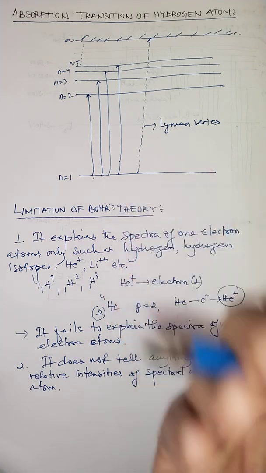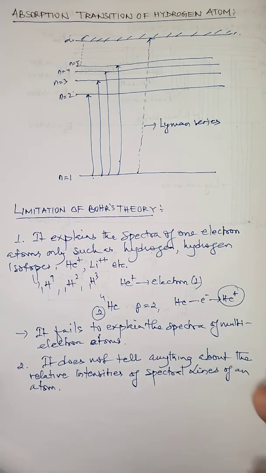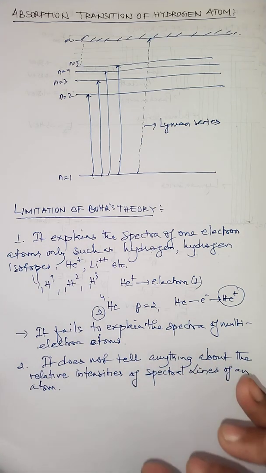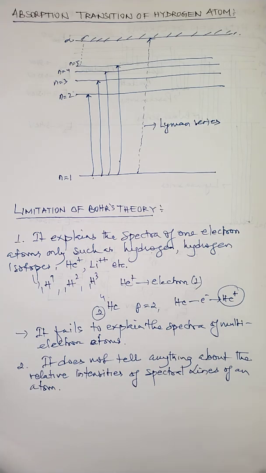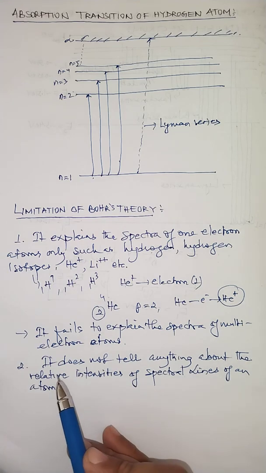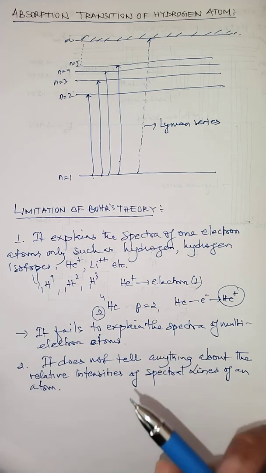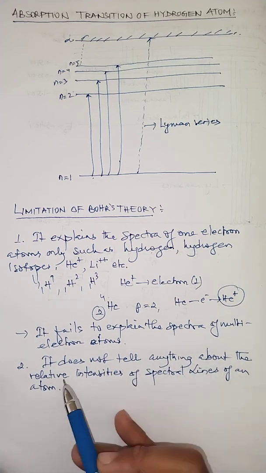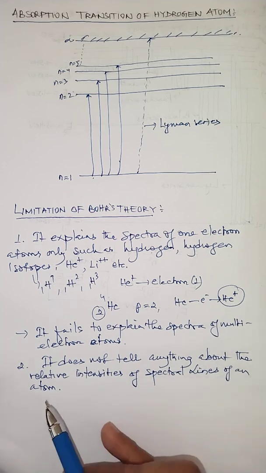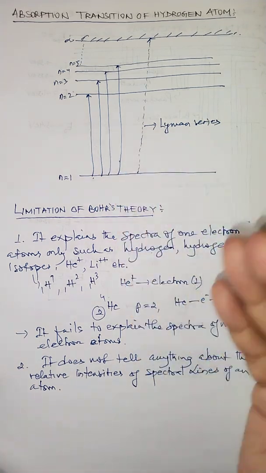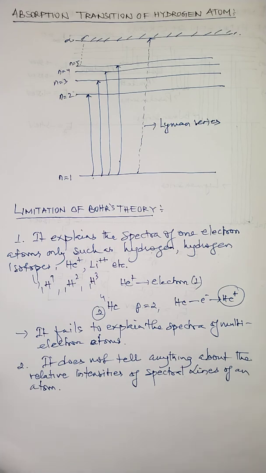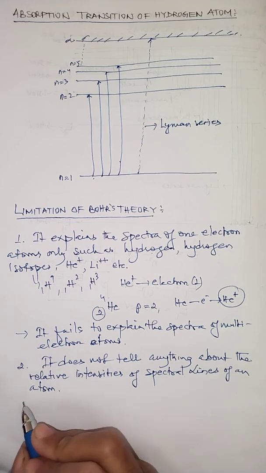But whenever emission of radiation takes place, he could not make any relation to measure the intensity, the brightness, of the radiation emitted from the hydrogen atom. The lines are obtained, the spectra are line spectra, but what is the intensity of the line spectrum? That was not explained by Bohr's theory. So this is the number 2 drawback.